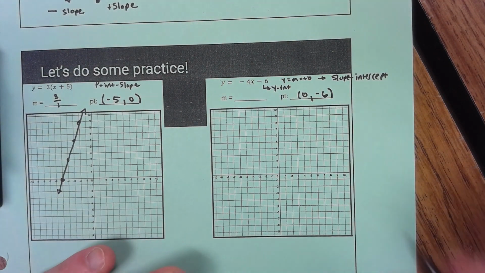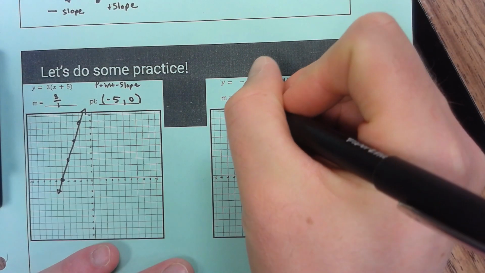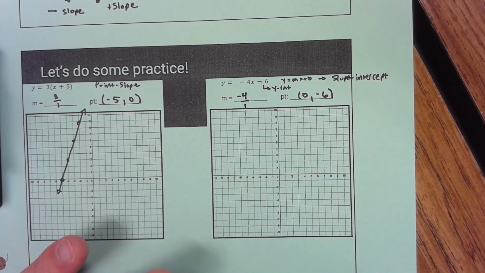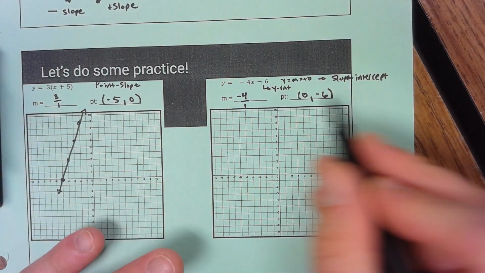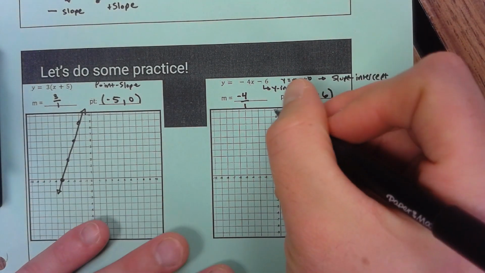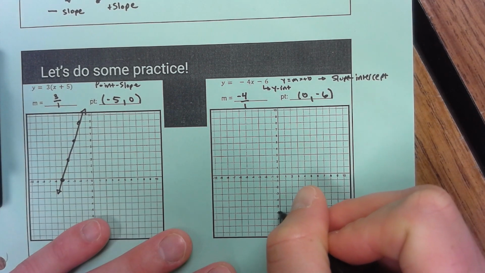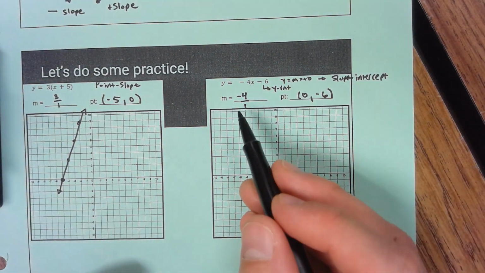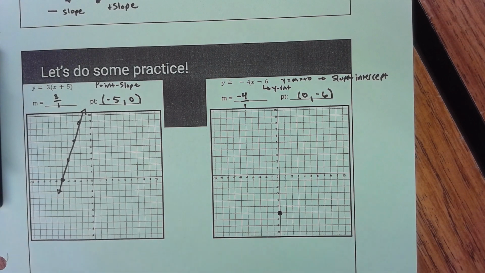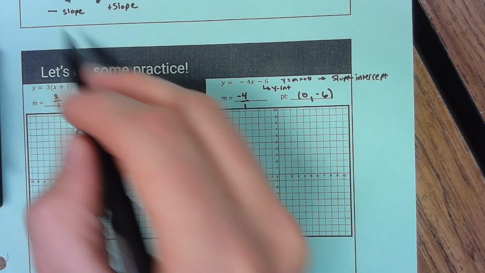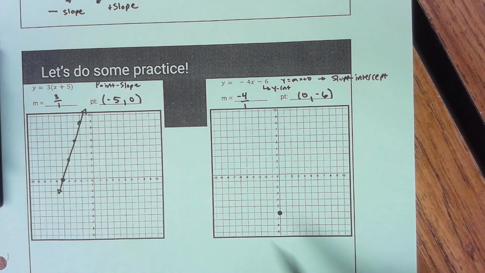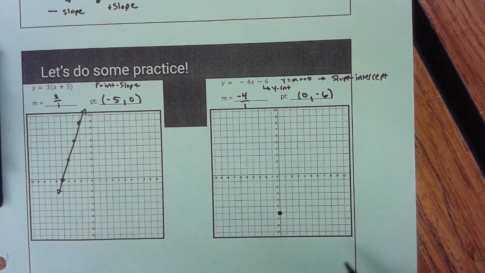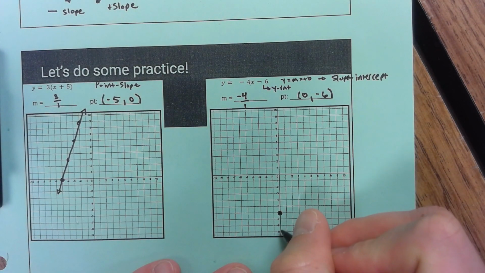The slope is still after the equal sign, so that's -4. So to graph this line, I'm going to start by plotting the y-intercept, which is on the y-axis, and then I need to do my slope of -4. Now, again, I know that my negative slope tells me I should be going down as I go to the right. So I'm going to go down 1, 2, 3, 4.